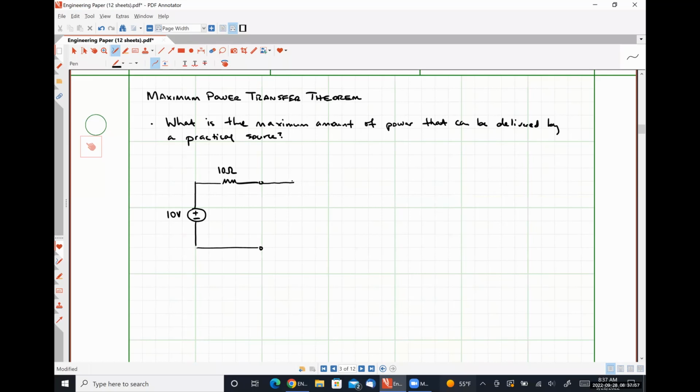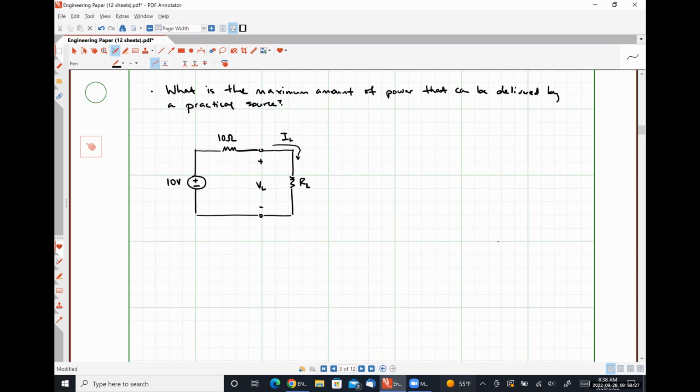And then connected to this practical source, we have some load resistance RL, where this is the voltage drop across our load resistance VL, and this is the current flowing through our load resistance, IL.